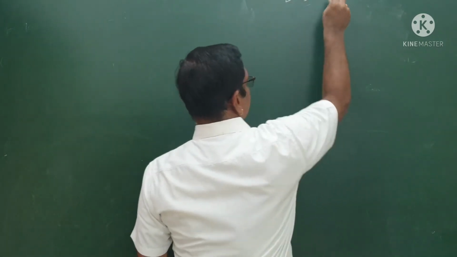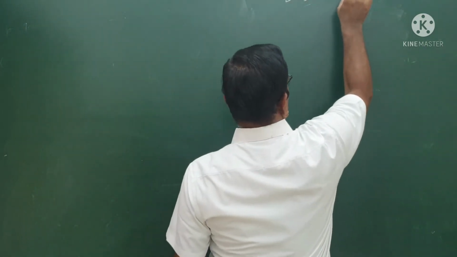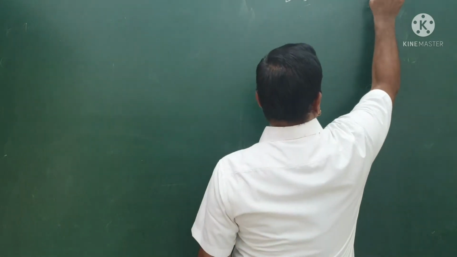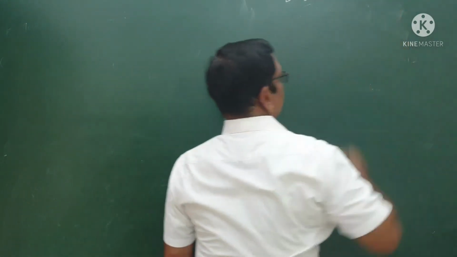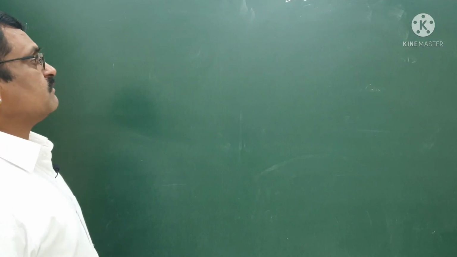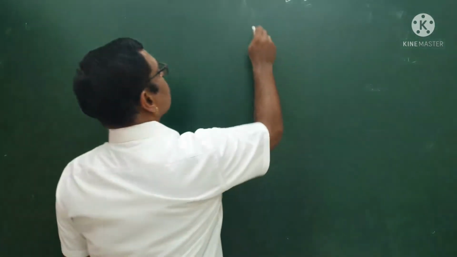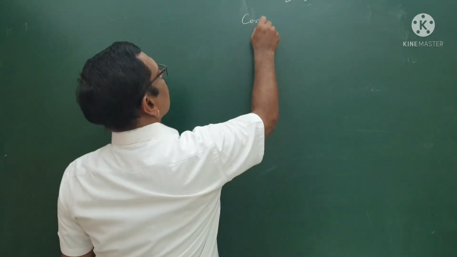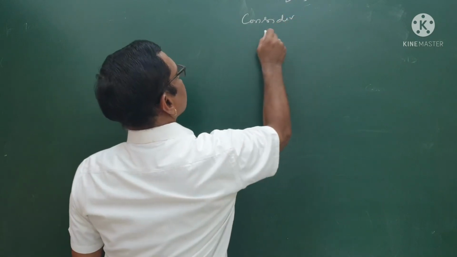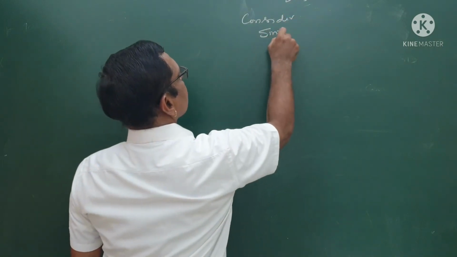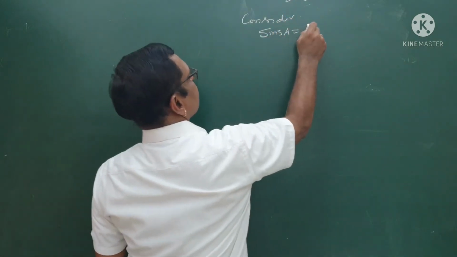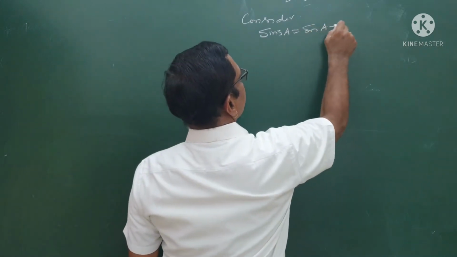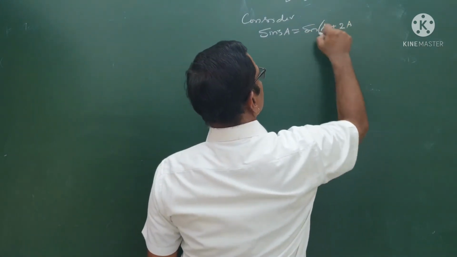Sin 3A is equal to 3 sin A minus 4 sin cubed A. So for this, consider sin 3A. I can write sin 3A as sin of A plus 2A.